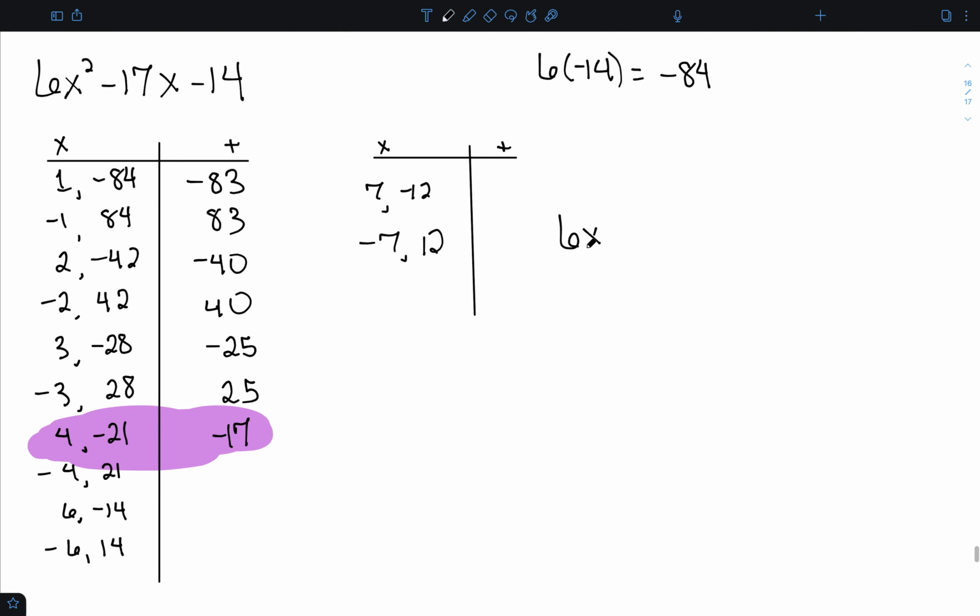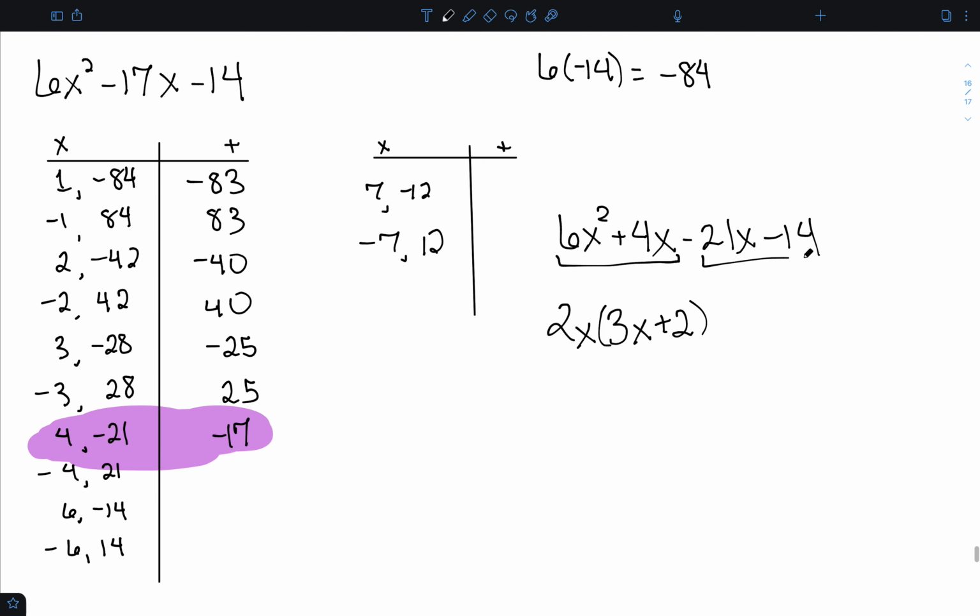So I'm going to rewrite this as 6x squared plus 4x minus 21x minus 14. My first two pieces have a 2x in common. I'm left with a 3x plus 2. My next two pieces have a negative 7 in common.